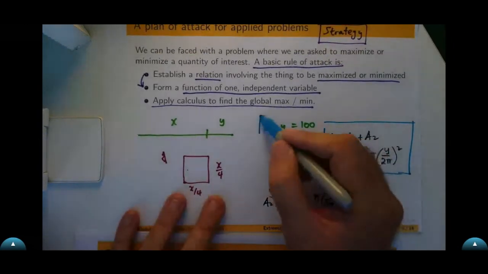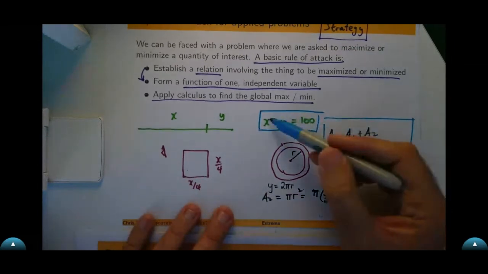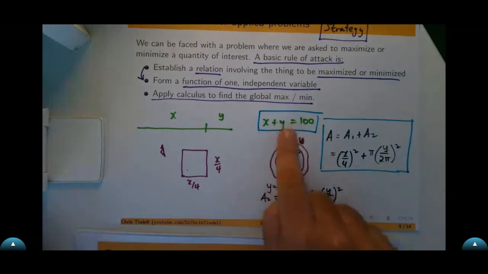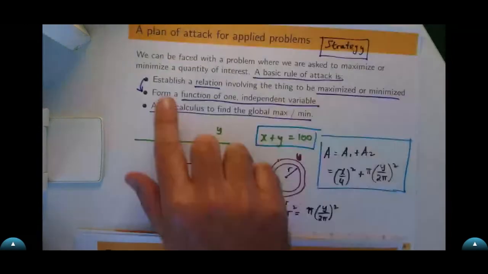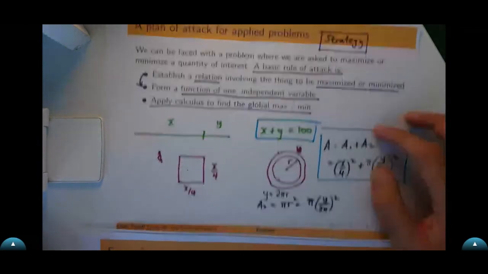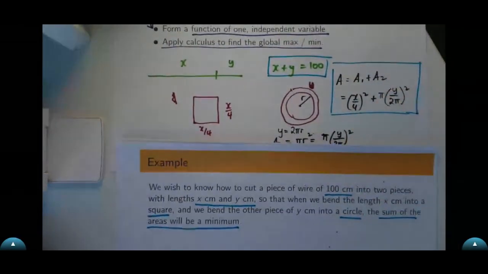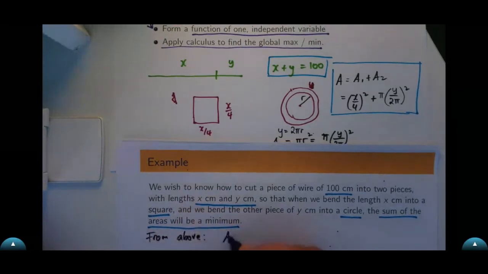So we haven't used this yet. So what I'm going to do is make everything depend on x, and I can do that by removing the y out of here and let y equal 100 minus x. So that's my relation. I've done the first part. I'm going to do the second part now. So from above, the area is just this.